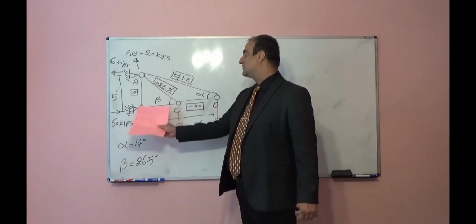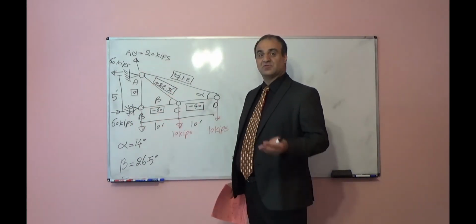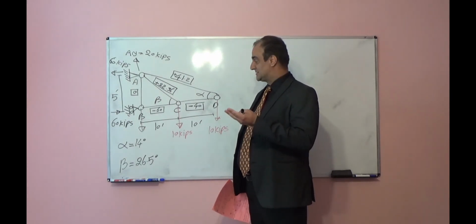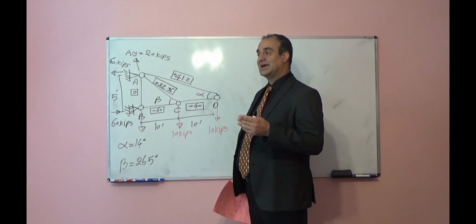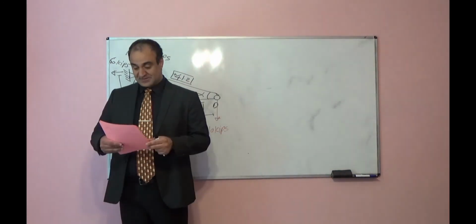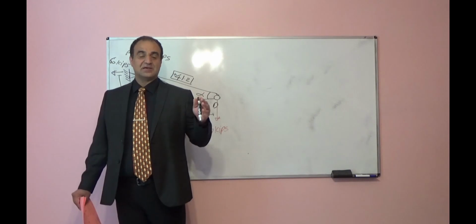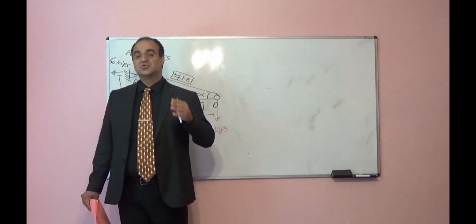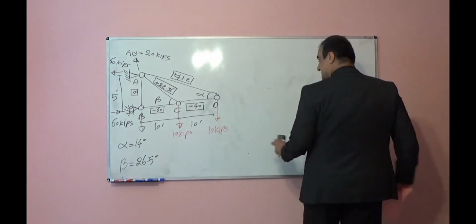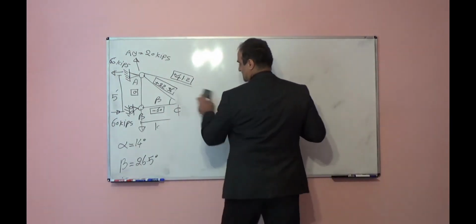So we need those members for having a stable structure in order to sustain under self-weight, and in future maybe our external load will be different. But there is a way, and it is a trick, you can recognize those zero members very fast. Let's see how we can recognize those.